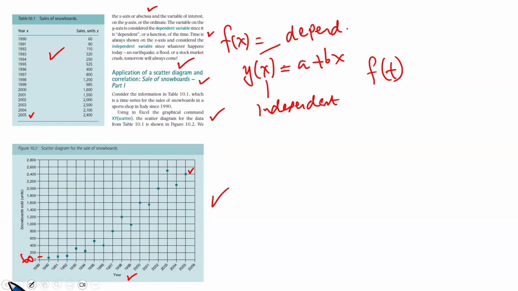Now, what then is key is the fact that this scatter diagram is shown in figure 10.2, and it shows the scatter diagram. So we can see that it appears there is a relationship or correlation between the sale of snowballs and the year, in that the sales are increasing over time.